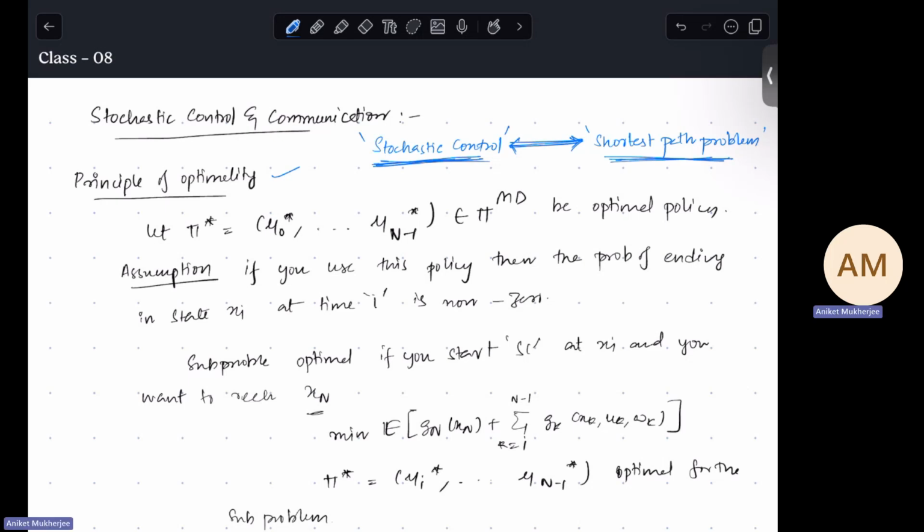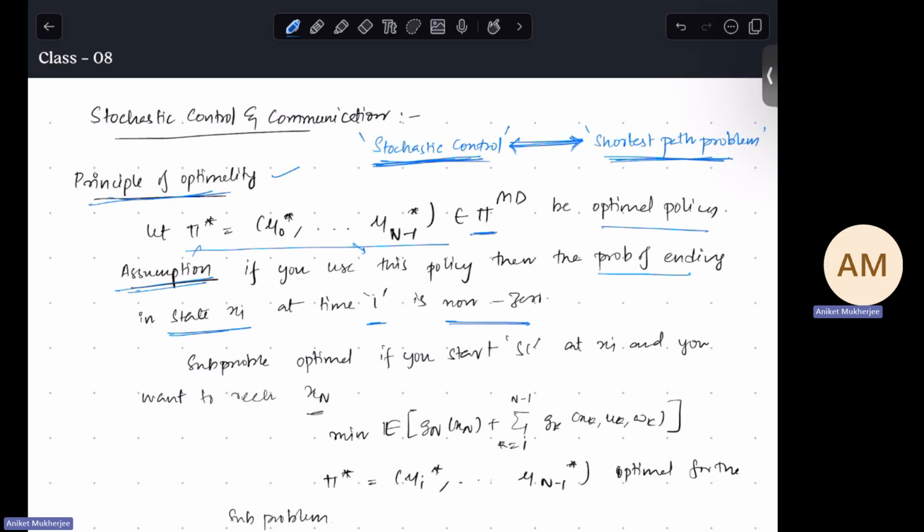Based on this, we saw the principle of optimality. Let pi star be your optimal policy in the space of Markov decision policies. Assume that if you use this policy, the probability of you ending up at state xi at time i is non-zero.